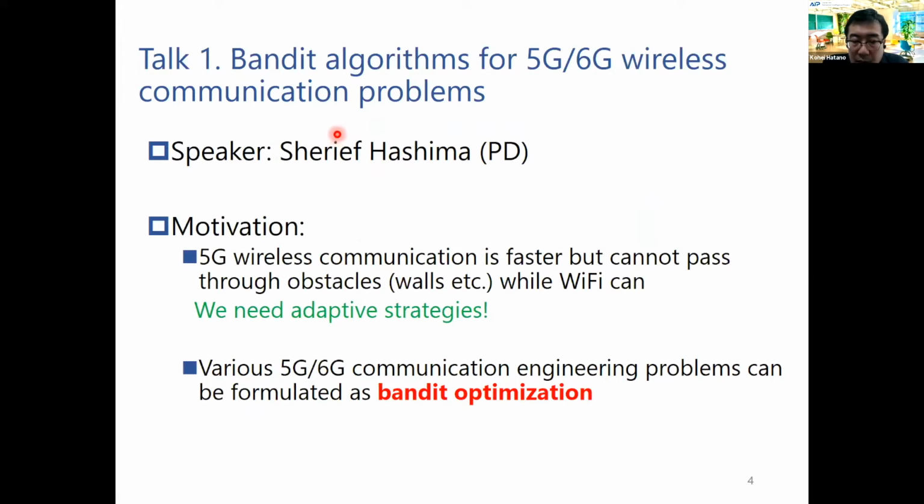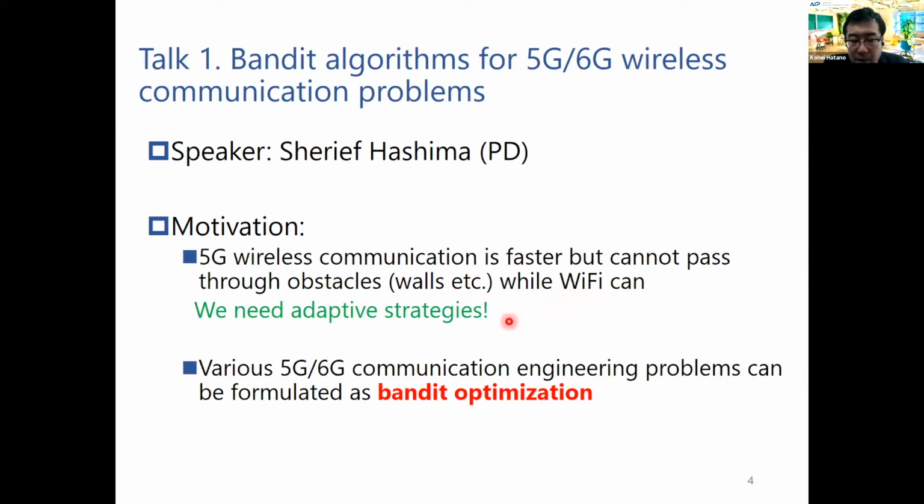The first talk is about bandit algorithms for 5G or 6G wireless communication problems. The speaker is Sherif Hashima, a postdoc of our team. The motivation here is that 5G wireless communication is faster than current Wi-Fi, but cannot pass through obstacles such as walls or humans, while Wi-Fi can.